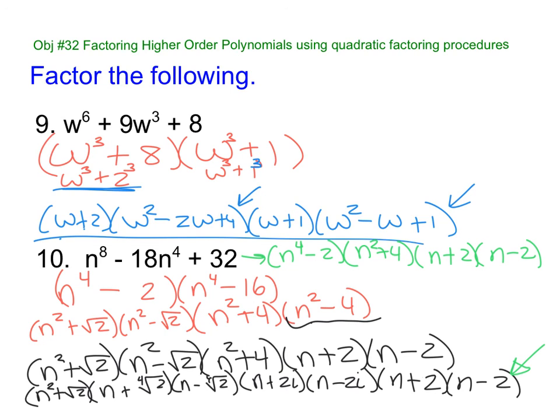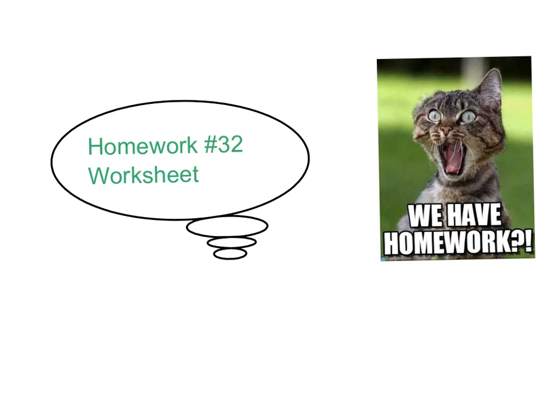It's not fun, but it's fun to me, because I got that down as much as I humanly possibly could. Oh, for that one, n squared plus 2, we could make that n plus i, the 4th root of 2, n minus i, the 4th root of 2, if we really wanted to go even further. But this one right here, that's your answer.